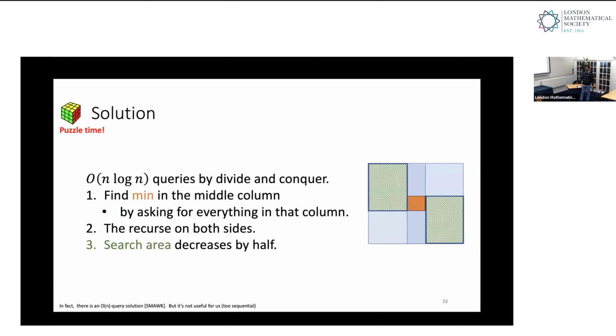Once you have found the minimum entry, the search space is reduced to this area and this area. So with this recurrence, in n log n queries, you can do it. By the way, there is an order n query solution to this, and that's not useful for our purpose. This is the divide and conquer solution, which is going to be useful.